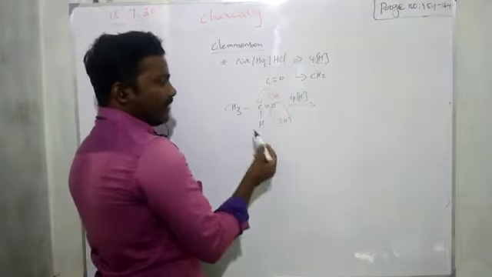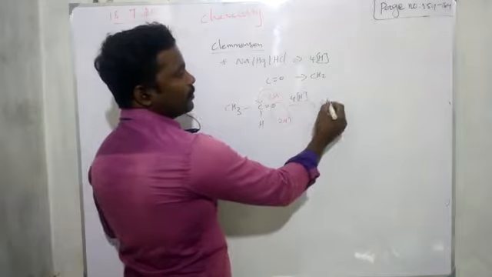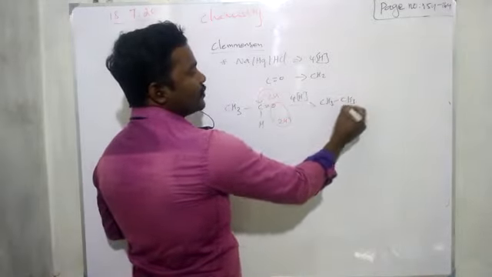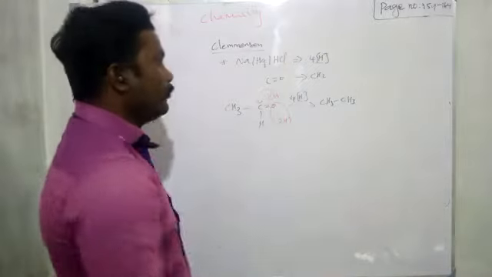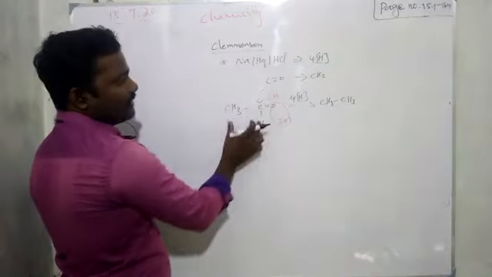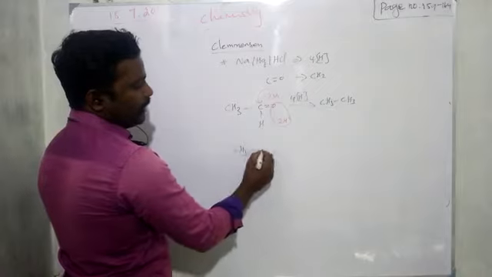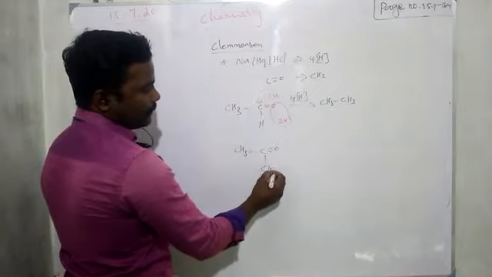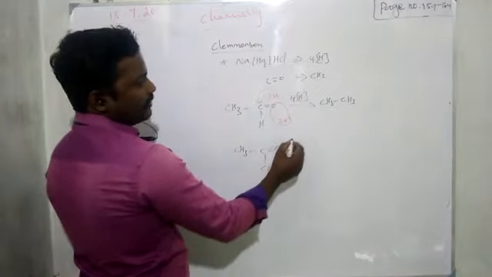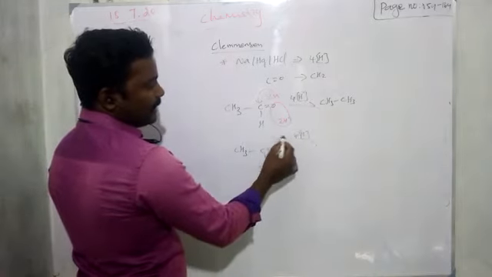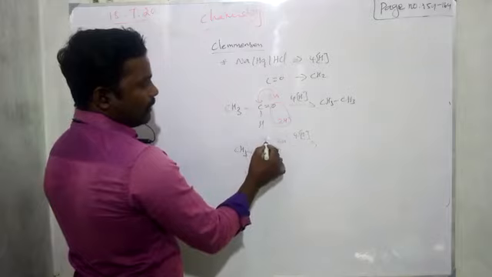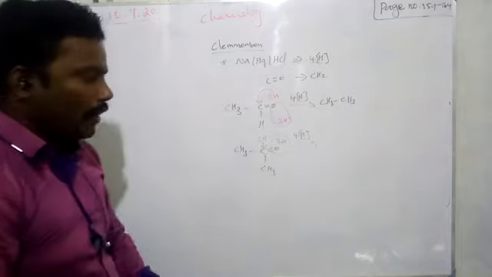Already this carbon has 1 hydrogen, plus the additional 2 hydrogen. So again CH3. So ethane, a 2 carbon alkane, ethane. If you take a ketone instead of this aldehyde, what will happen? The same type of reaction: 4 hydrogen, 2 hydrogen added here and removed as water, the remaining 2 hydrogen added to the carbon.